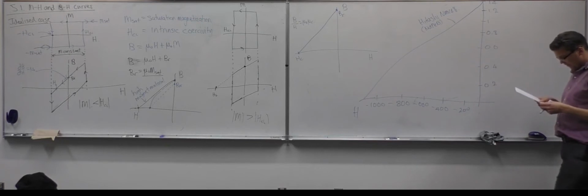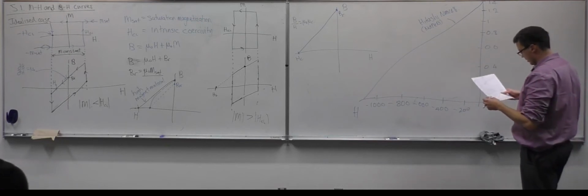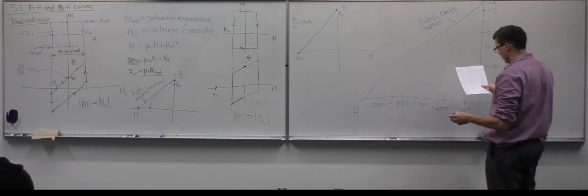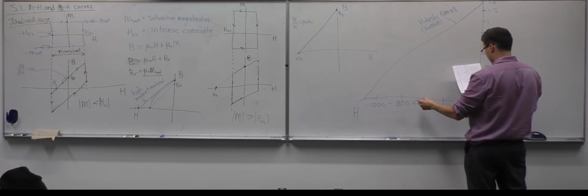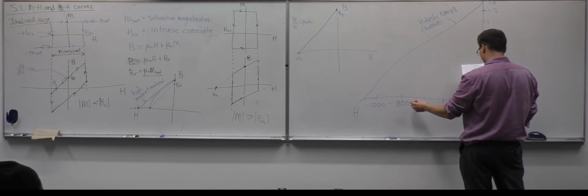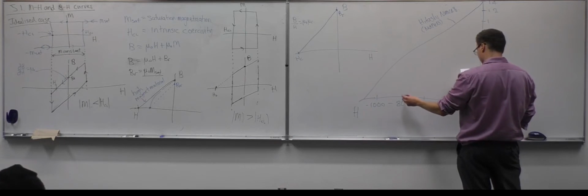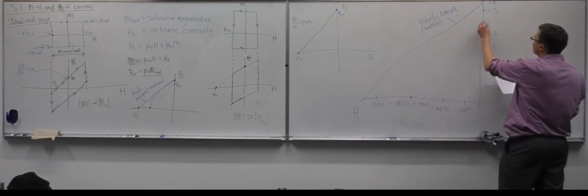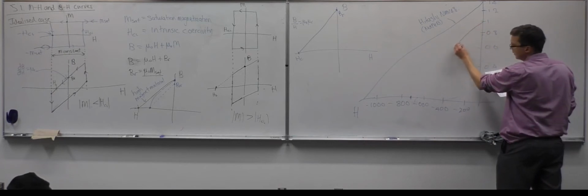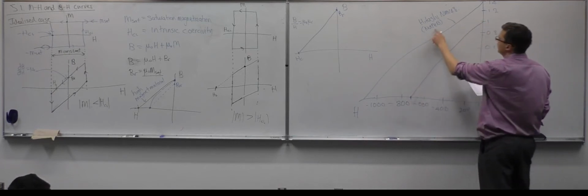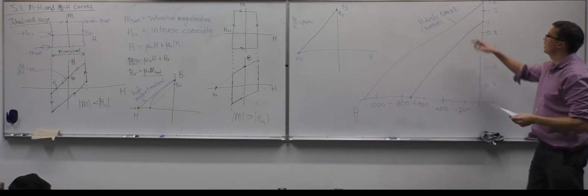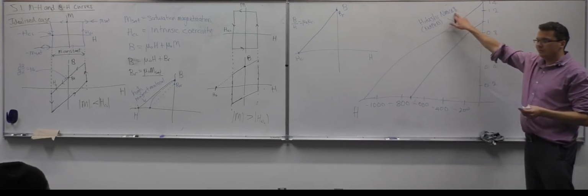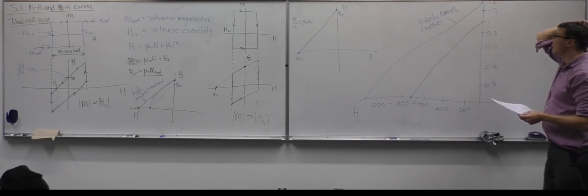Okay, and then we could look at samarium cobalt, which is another type of magnet material, and that's about like here. So this would be 48 is one of the higher grades. I think they can go up to 52 or 54 at the highest grade.